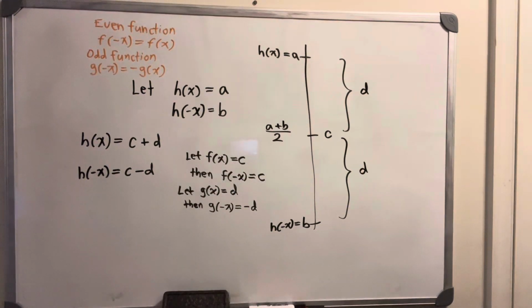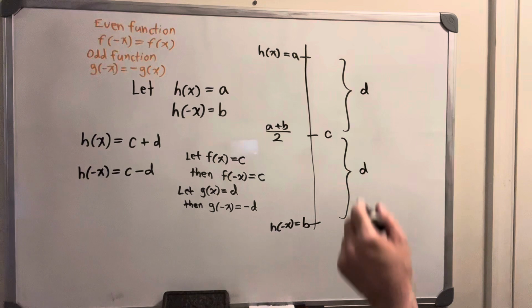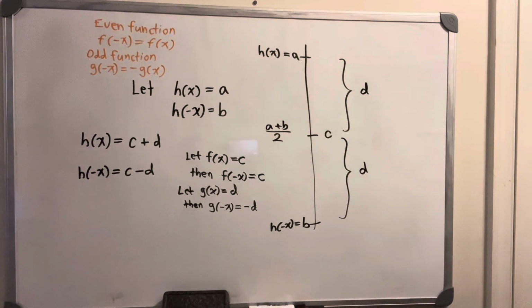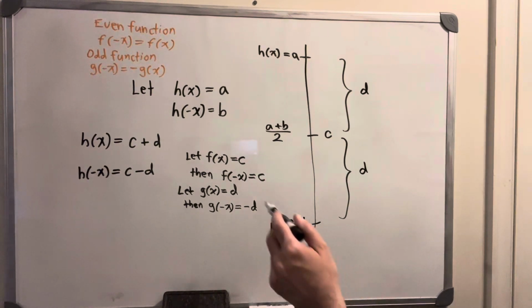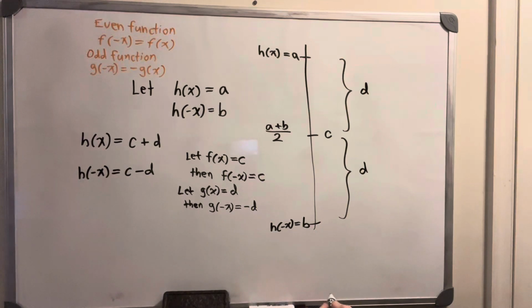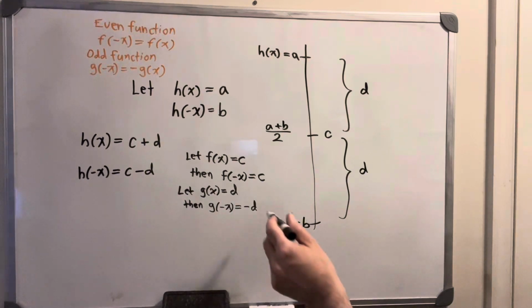So there's no reason we can't define some functions so that f of x equals c, and we let f be an even function so that f of minus x is also equal to c. And we could define some function g of x that is odd and say that at x, g of x equals d. And if g of x is d and it's odd, then at minus x, g of minus x will be minus d.